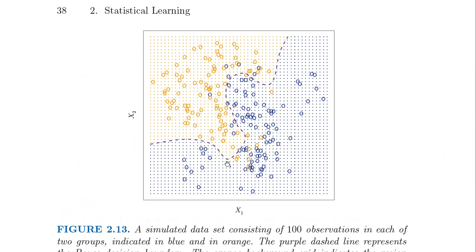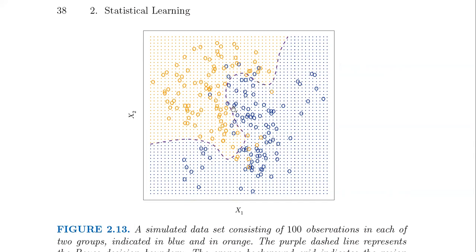And now we're not fitting curves over here. Instead, we're trying to create a region. We're trying to distinguish between one group of data and the second group of data.